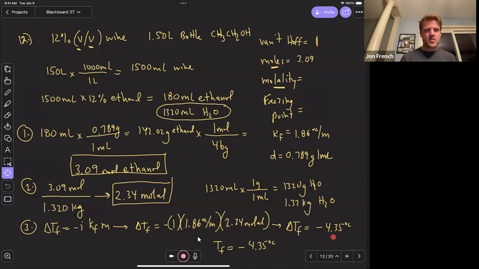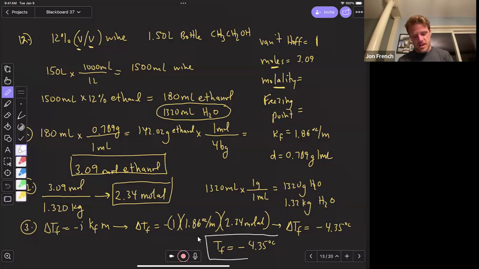I get a change in freezing point of about minus 4.35 degrees Celsius, and our normal freezing point for water is 0, so I subtract that from 0. My final freezing point for this solution is going to be negative 4.35 for question 12.